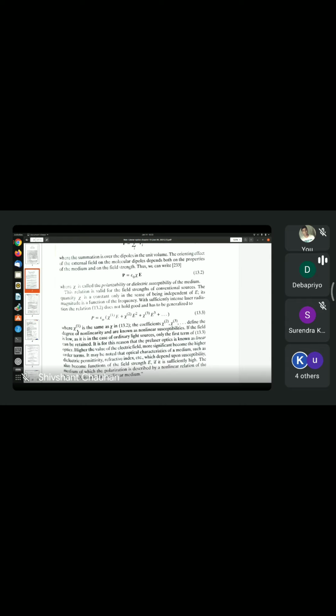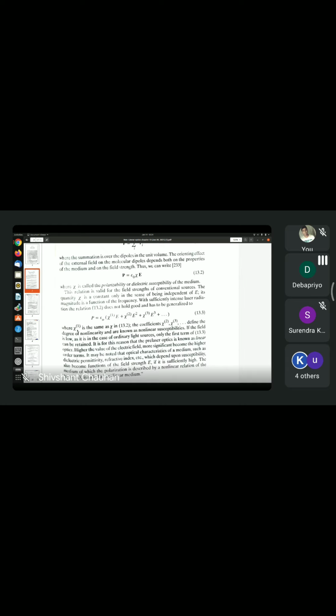This means the i can be x, y, or z, so you can have Px, Py, or Pz. Whatever it is, suppose you want to write the expression for Pi, then on the right hand side, you will write epsilon 0 into, within brackets, not just chi 1 but chi 1 with subscripts ij multiplied by the jth component of the incident or imposed electric field Ej, and then sum over j. So instead of just chi 1 E, you will write the sum over j of chi 1 ij into Ej.